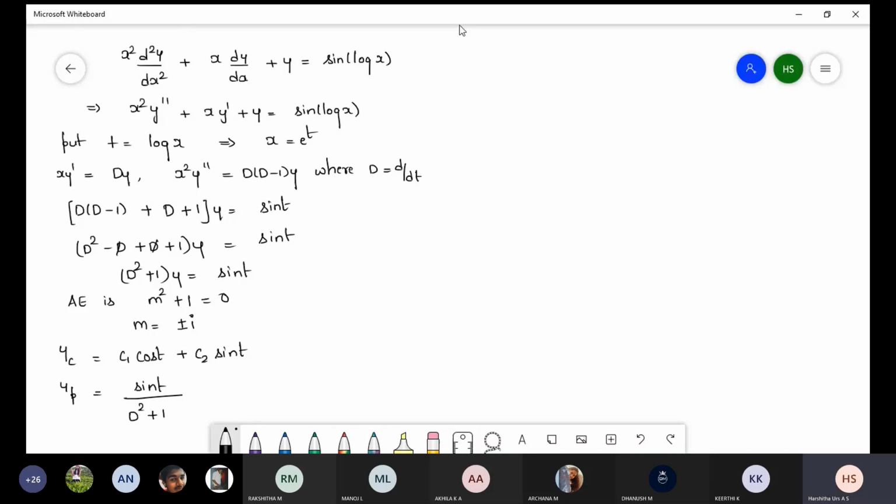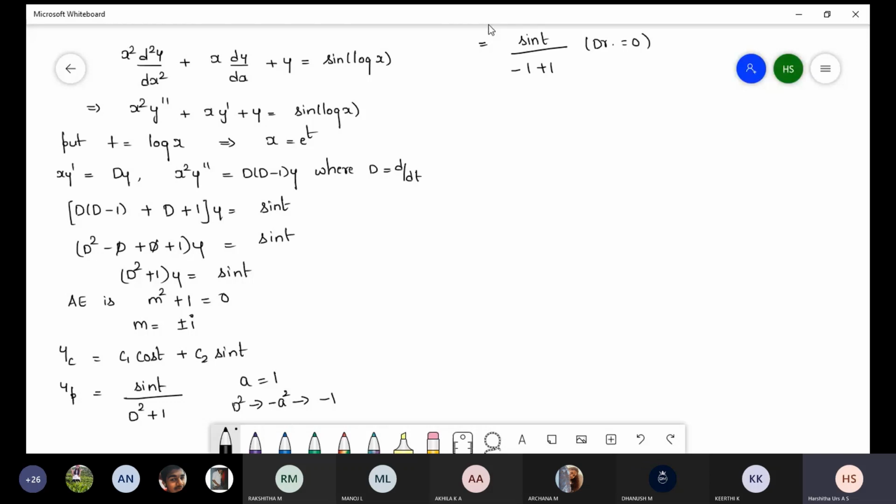Now here a is equal to 1, so d square should be replaced by minus a square, that is minus 1. This is type 2 because the trigonometric function is sine. Sine t divided by minus 1 plus 1. So denominator is equal to 0.